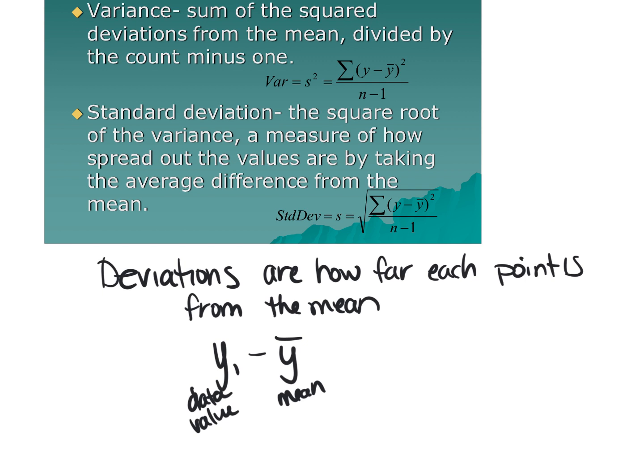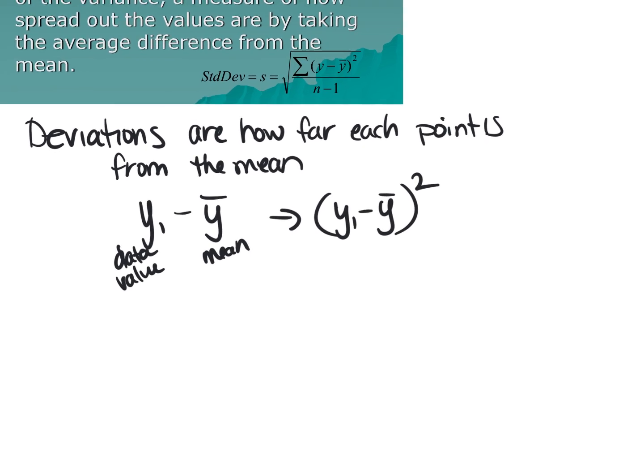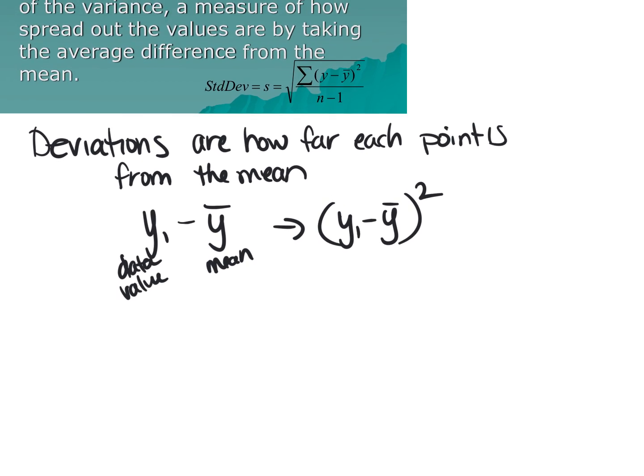Like I said, when you add those all up, you get 0, so that doesn't tell us anything about how spread out the data is, so we have to square it. And we basically find the average of those deviations. But then we have to unsquare it so that the number makes sense with our data. So we do y1 minus y bar squared. Then we find the sum and divide by n minus 1.